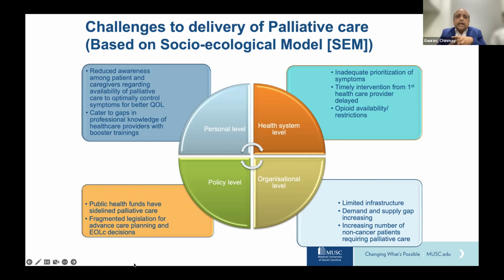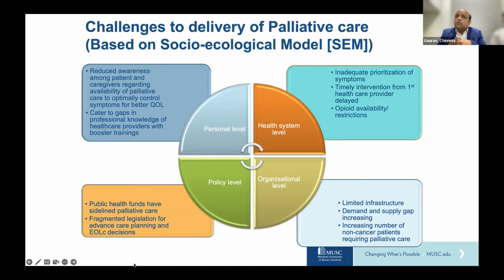And from the policy level, we felt that the majority of Indians living in rural India don't have health insurance. The government provides some public funds for them, but the majority of the funds are exhausted in the diagnosis and early treatment.